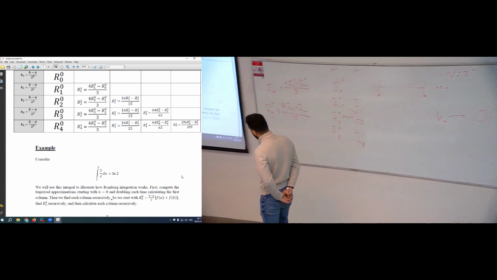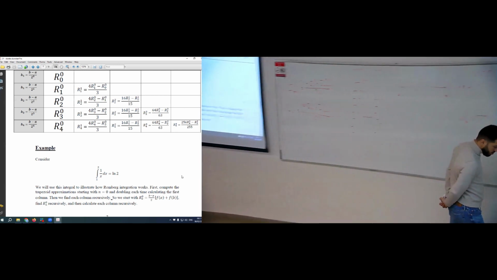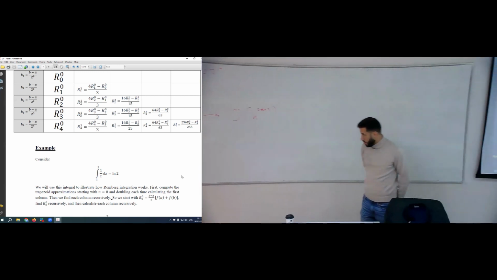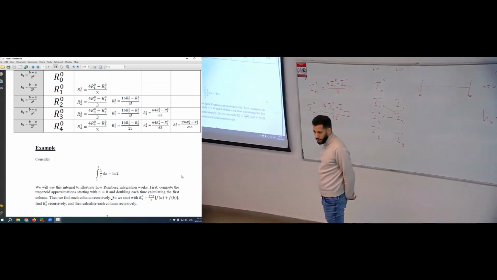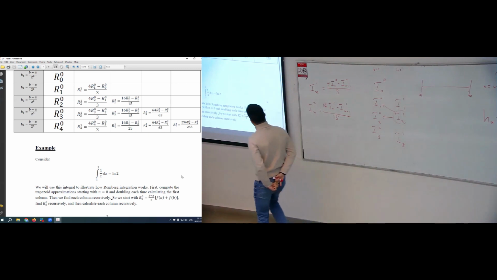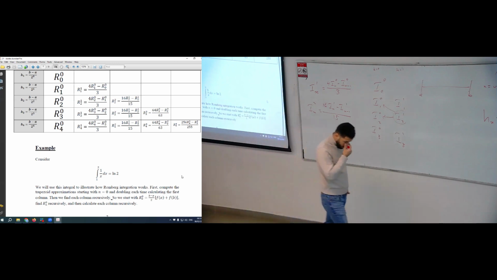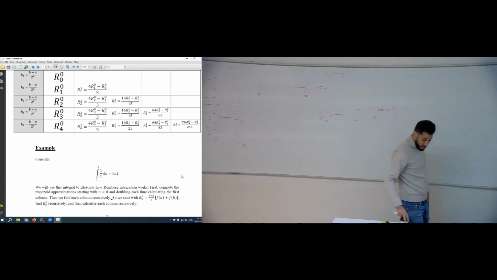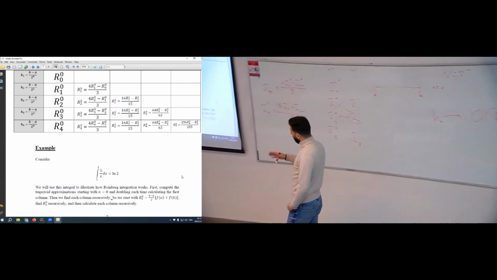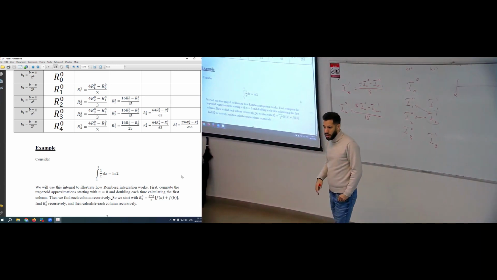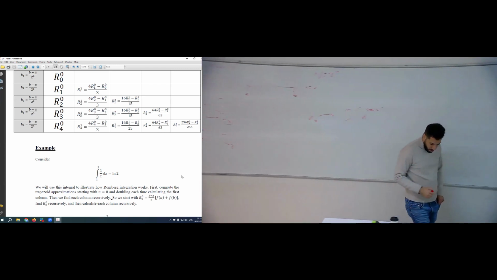But if x is 1 or 2 or 3, it is not so easy to use that Taylor series. And if I want to calculate ln of 2 up to any order that I want, I can write it as an integral and then find an approximation of that integral where I know what the error is. And I know that the error will decrease like h to the 2k or 2n plus 2. Okay?